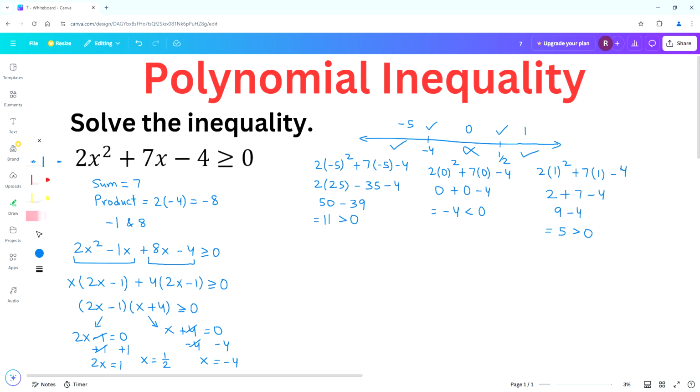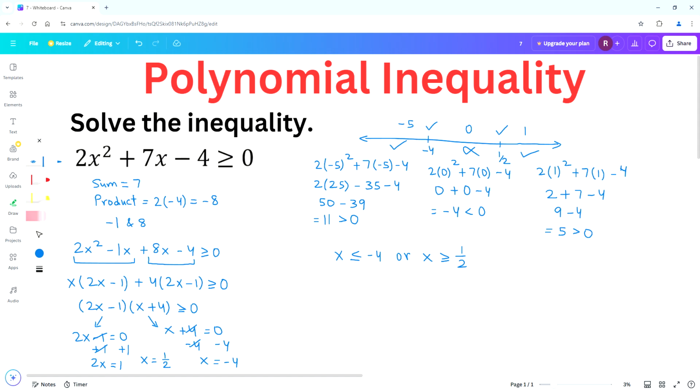So we can write the solution for this inequality in inequality notation as shown. We include negative 4 and half in our solution because at negative 4 and 1 over 2, the quadratic expression is equal to 0.